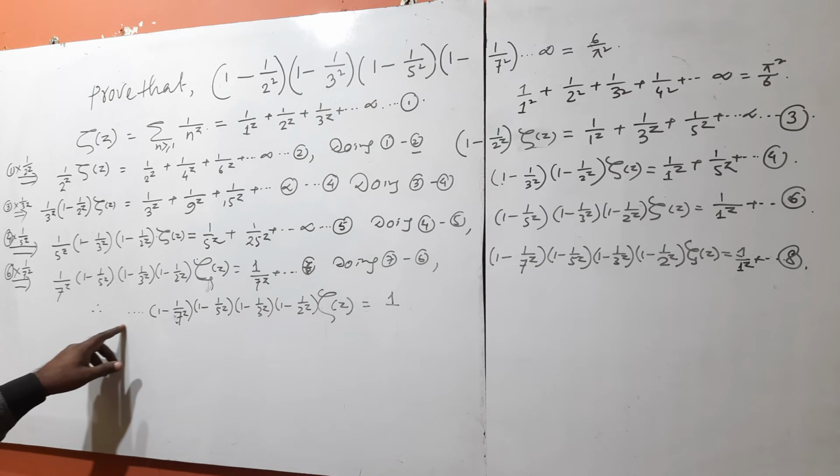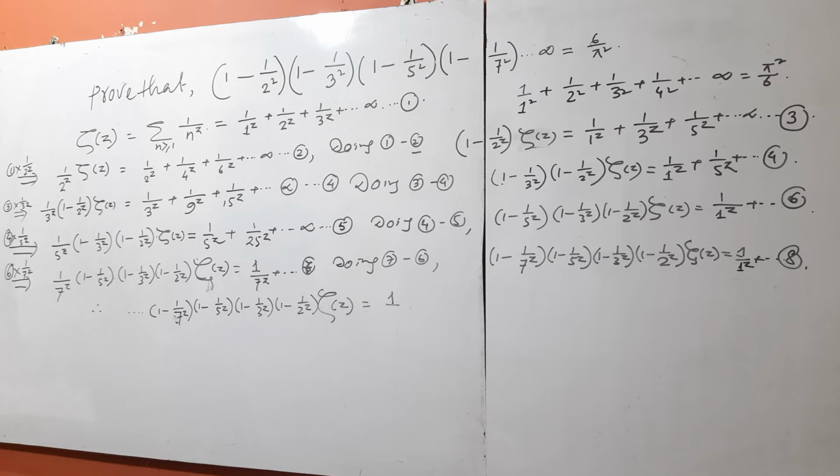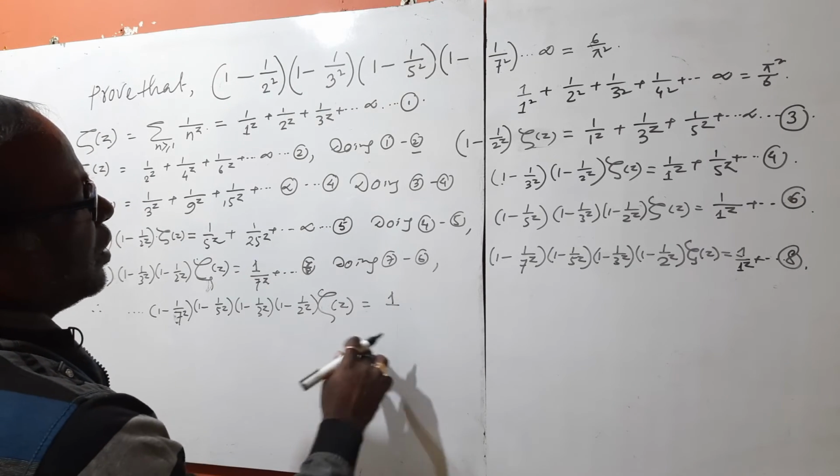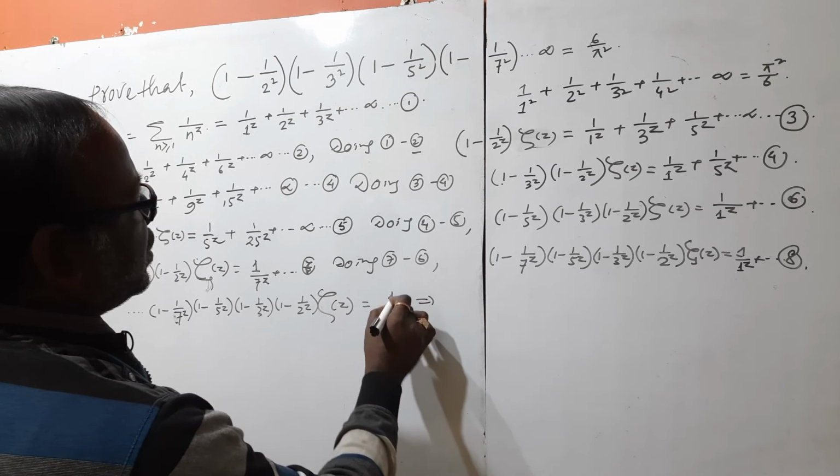And if we move the dotted steps up to the infinite series, then we got on the left hand side only 1 over 1 to the power z. So that is equal to 1.